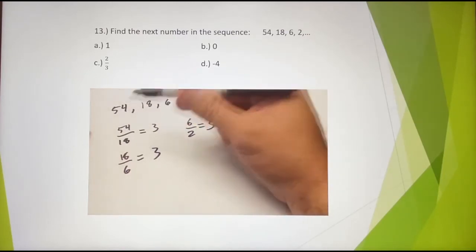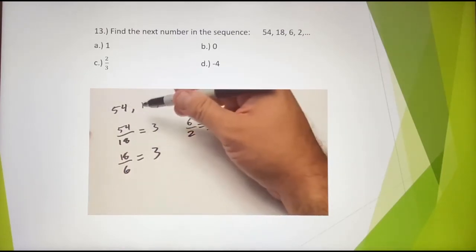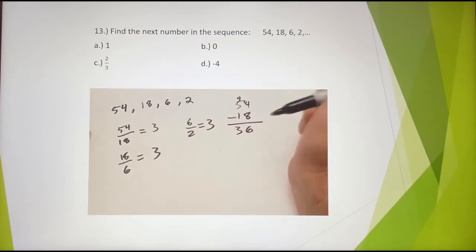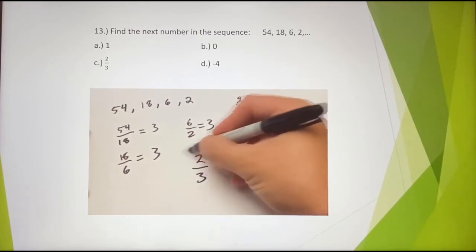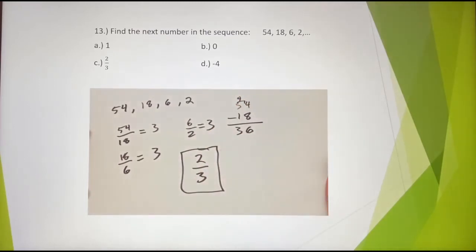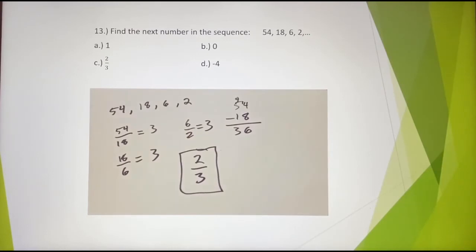So these numbers are being divided by 3 each time to get the following number. It's a common ratio is what we call that. And so all we need to do to find the next number would just be 2 divided by 3. And since it doesn't reduce as a fraction, that is going to be the next number in the sequence.